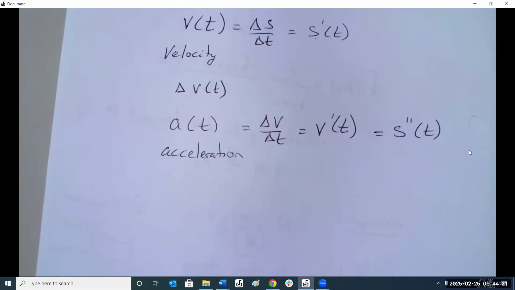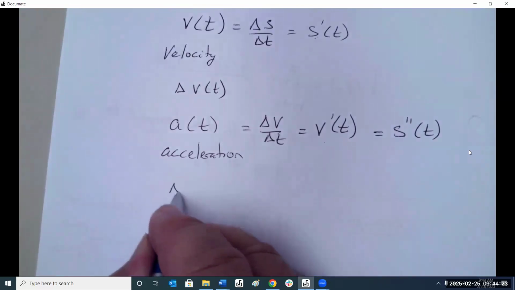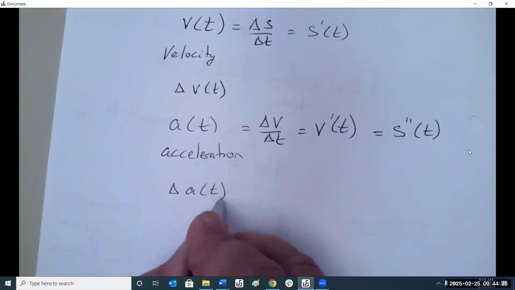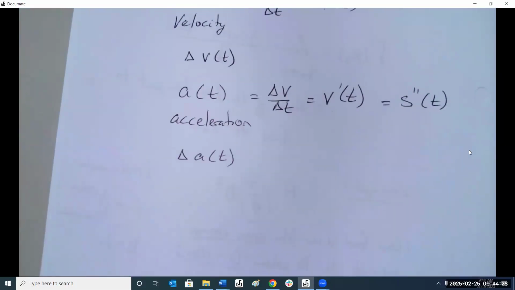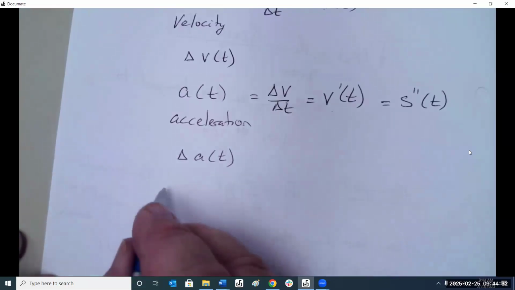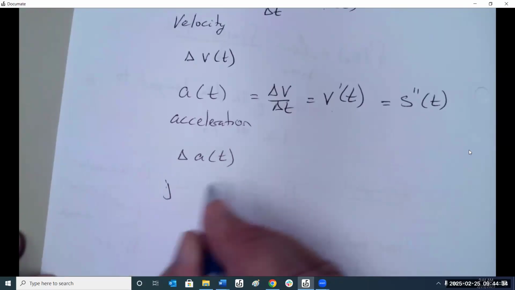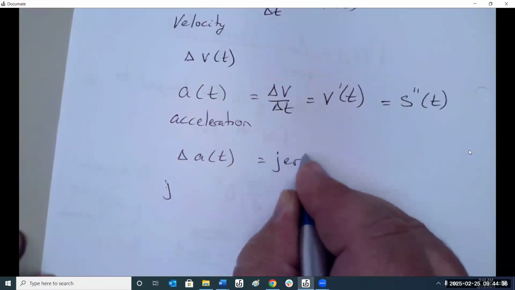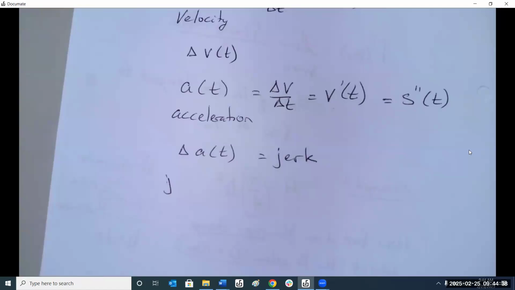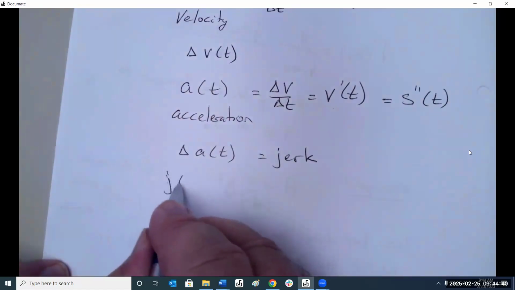There's one more. Whenever you have change of acceleration, a lot of people have never heard of this, they call that a jerk. A jerk. So it's a J of t.